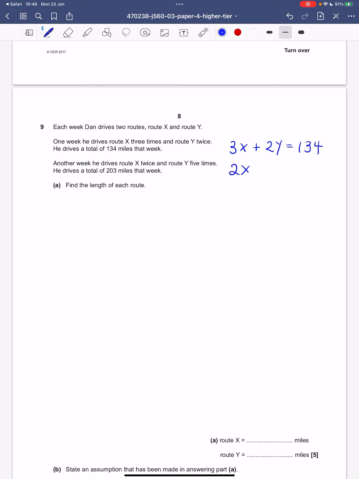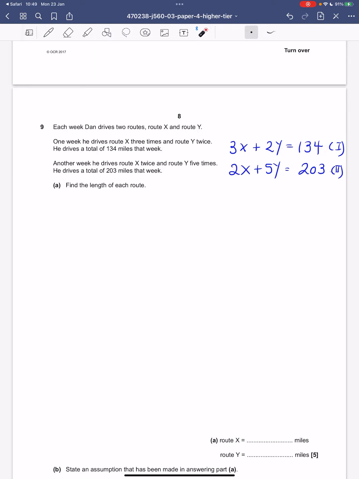So 2x plus 5y is 203. Find the length of each route. So this is going to be simultaneous equations.